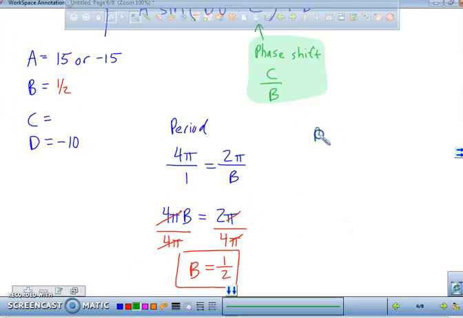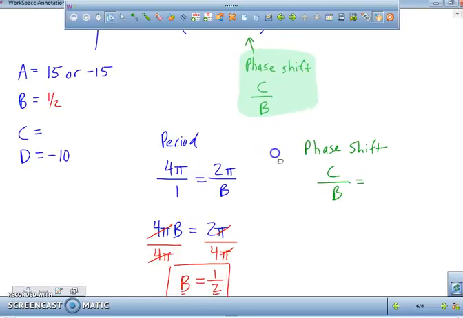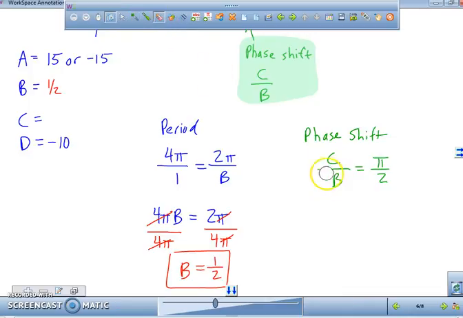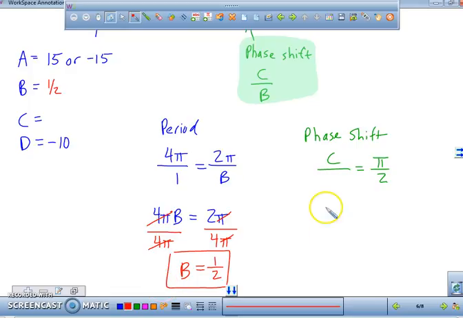All right, here we go. Phase shift. Phase shift is equal to c over b. What is our phase shift equal to in this problem? Pi over 2. So I'm going to set c over b equal to pi over 2. But this time, I'm going to erase the b value because I know what the b value is. What was our b value?